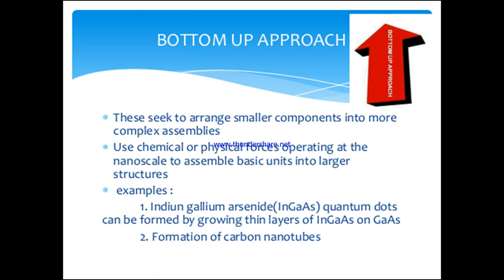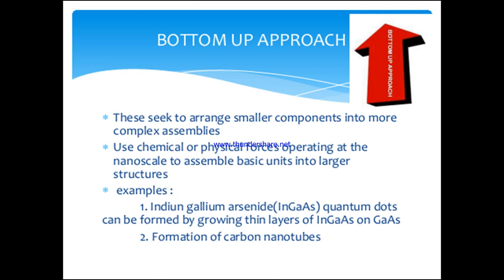So for example, we are having the indium gallium arsenide. Quantum dots, as I have told, can be formed by growing thin layers of the indium gallium arsenide material. Then formation of carbon nanotubes. So the best example, by using the bottom-up approach, we can manufacture the carbon nanotubes, that is single-walled nanotubes as well as multi-walled carbon nanotubes.